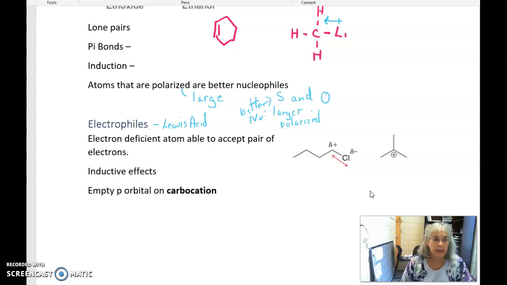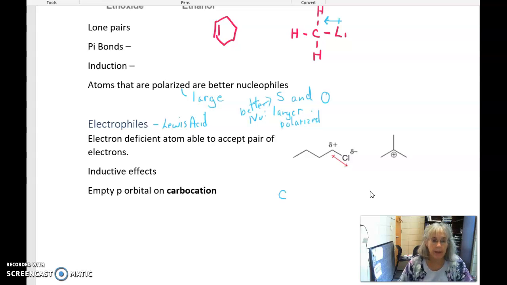You will find electrophiles where we have inductive effects. Here's an example. We've got a chloride that is pulling the electrons away from this carbon, and so we find that it is electron deficient. Another common electrophile are the empty p orbitals that you find on a carbocation.